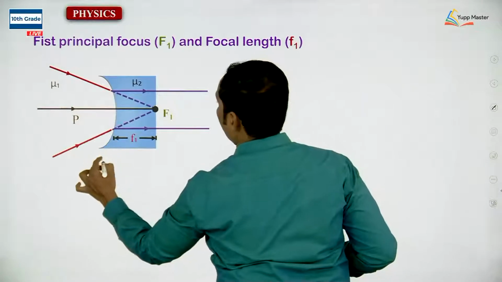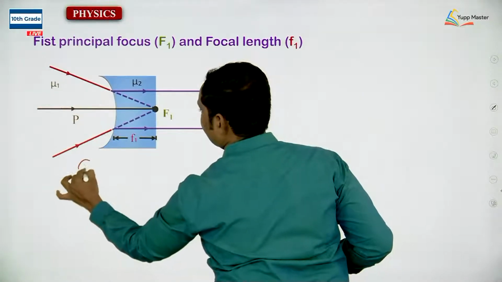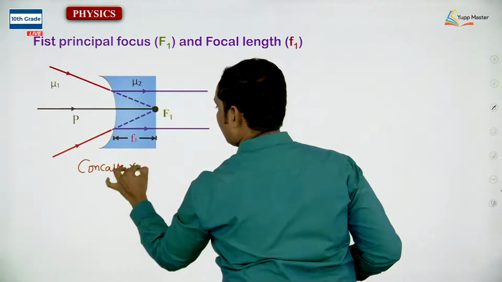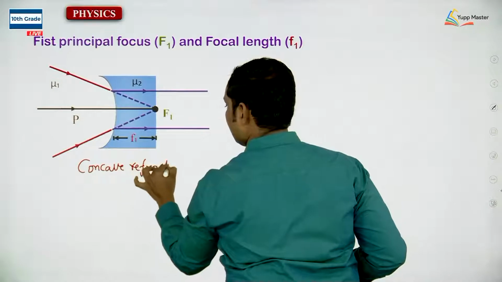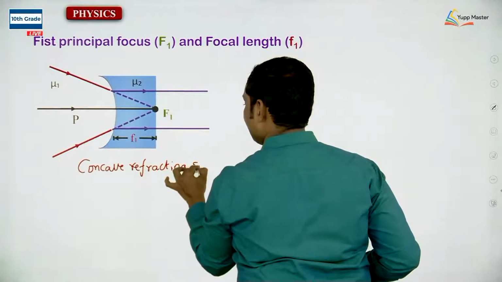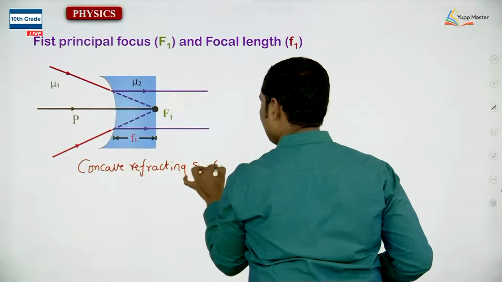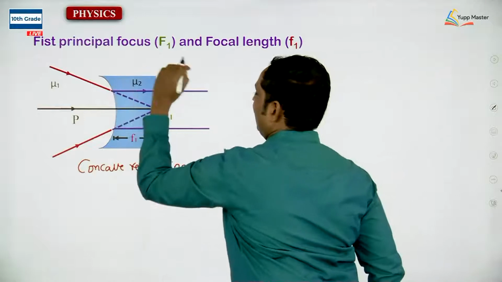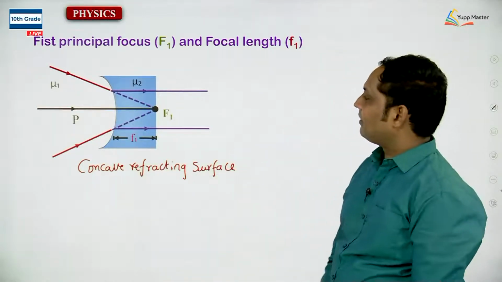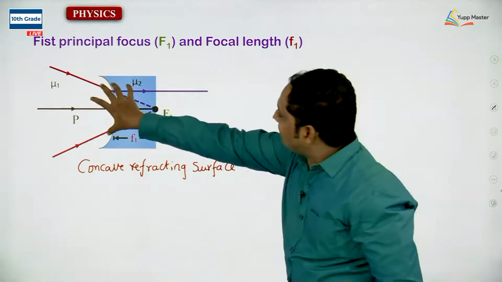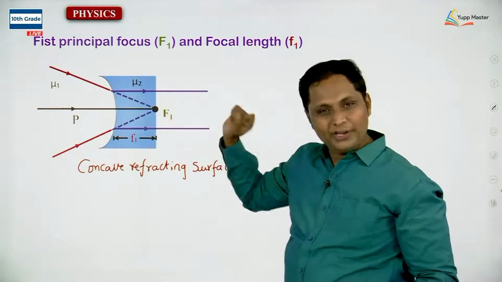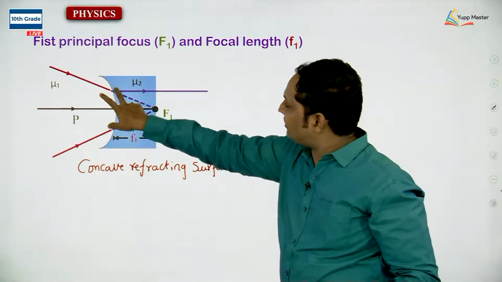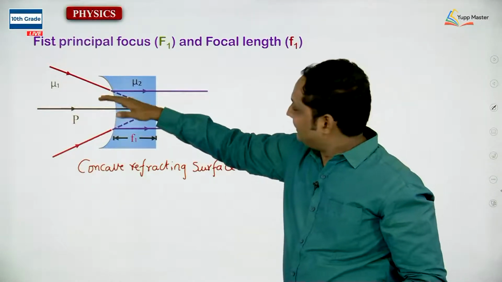This is a concave refracting surface. It is identified that the incident light rays are about to meet at this point, but actually the incident light rays refract.